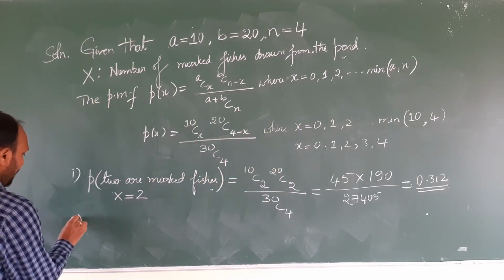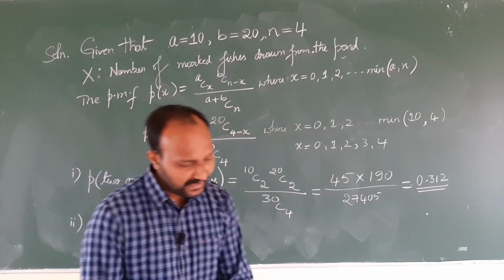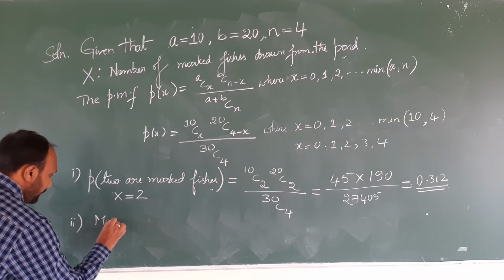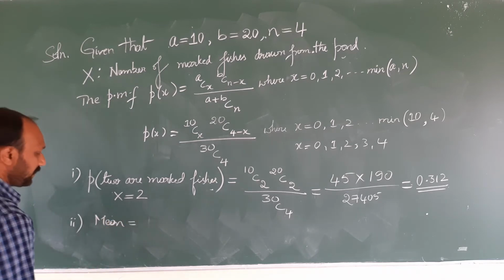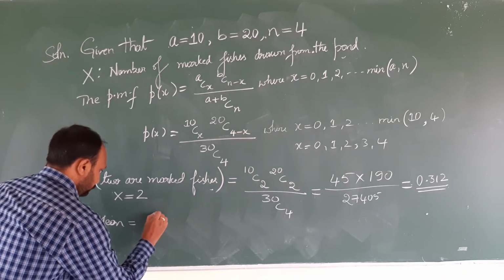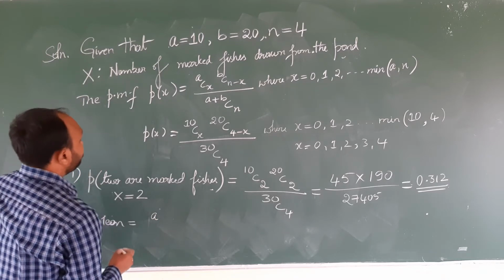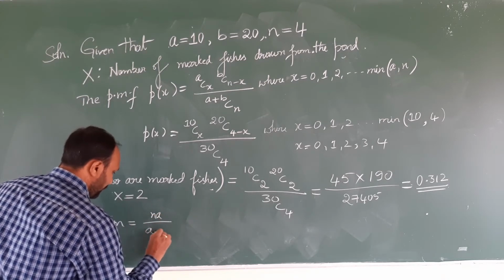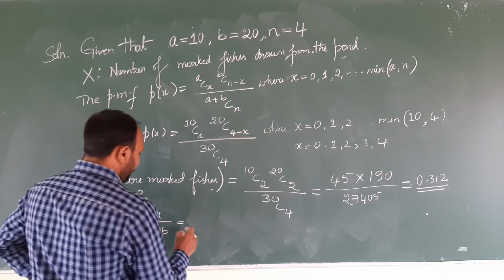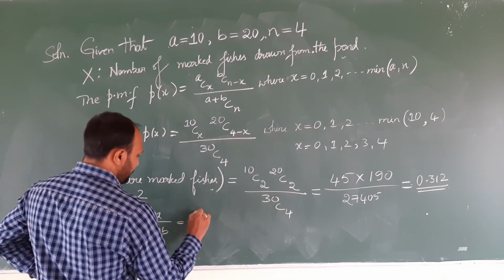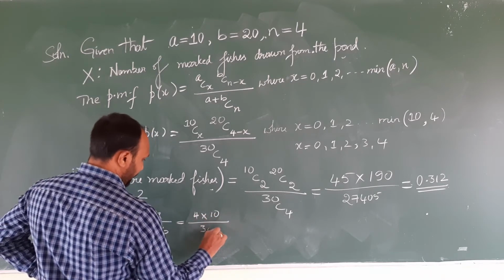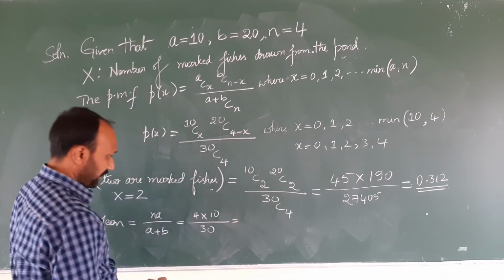Second one, we have been asked to find the mean as well as the variance. So, what is the mean? The mean formula is n into A divided by A plus B. What is the sample size n? 4. So, 4 into A value 10, divided by A plus B, which is 10 plus 20 is 30.